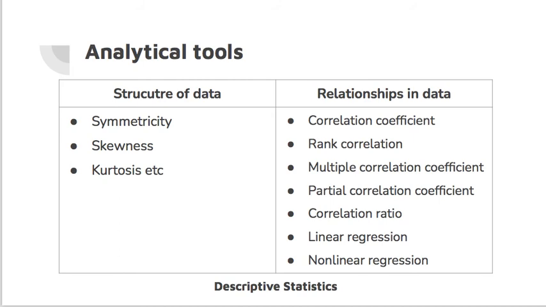Remember, using the correct statistical tool for the wrong data will lead to an incorrect decision, and using a wrong statistical tool for the correct data will also lead to an incorrect decision. So the choice of tools is very important. The correct statistical tool on the correct data will definitely give you the correct decision to be generalized for the population.